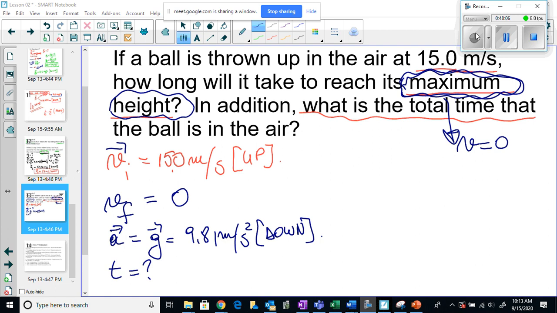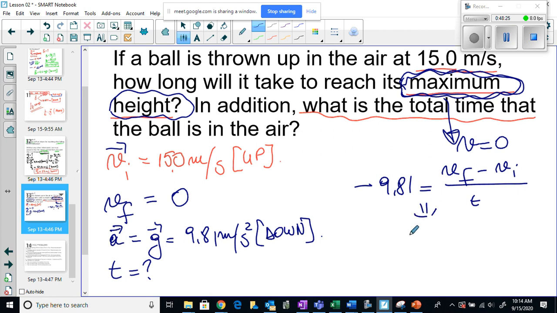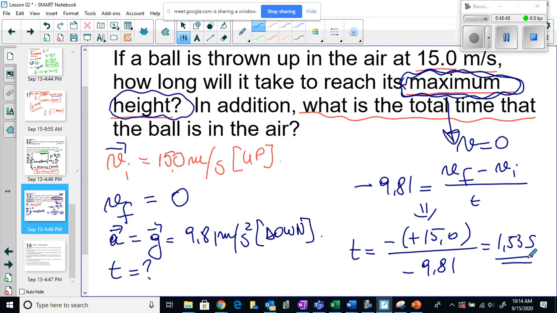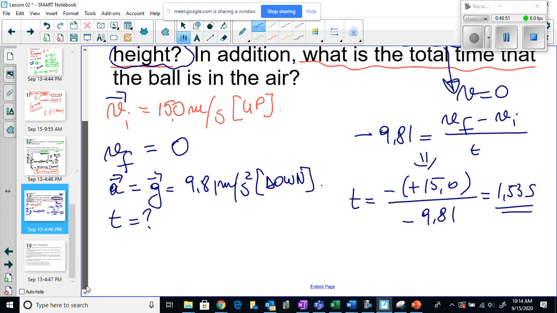So the acceleration will be negative 9.81 because it's going down, is equal to V final, which is 0, minus V initial, which is 15 up, positive, over time. From here, we find that time is equal to negative V initial, negative positive 15, over negative 9.81. And just a clue, guys, time cannot be negative. So it's 1.53 seconds. And this is the time that the object reaches the maximum.